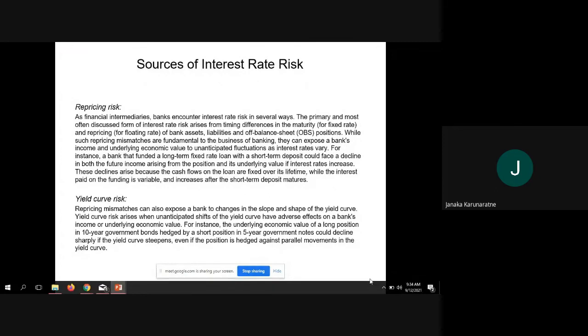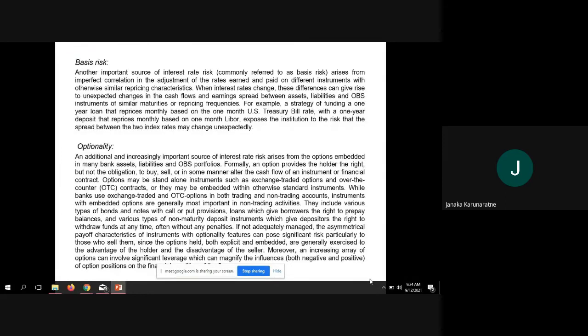So we were talking about the basis risk. A basis risk, is it clear? Yes, sir. Okay. So it's basically when, even though you match the maturities of assets and liabilities, you reprice using different scenarios.